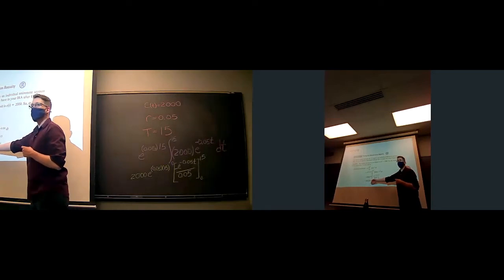Now I'm not going to pretend to even try to do this calculation because I have no clue what e raised to the 0.05 times 15 is. So I'm going to leave it in this form for right now and just reference what they claim the solution is.